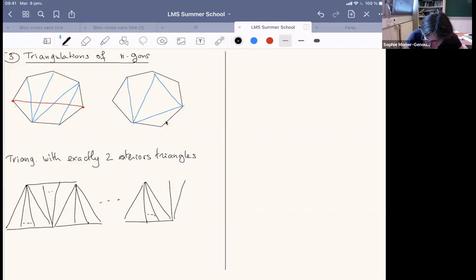And at some point it ends. Okay, so let me put the vertices. So here are the vertices. Now the polygon doesn't look convex, but it's easier to do it like this.